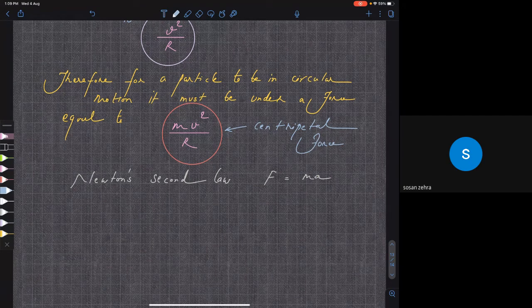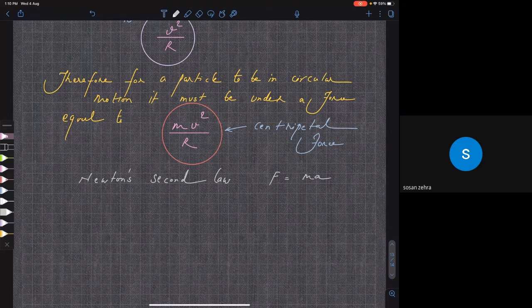Clear? If a car is moving on a circular road, what is providing the centripetal force? The centripetal force required to move in a circle, who is providing that? Who is pulling the car towards center?